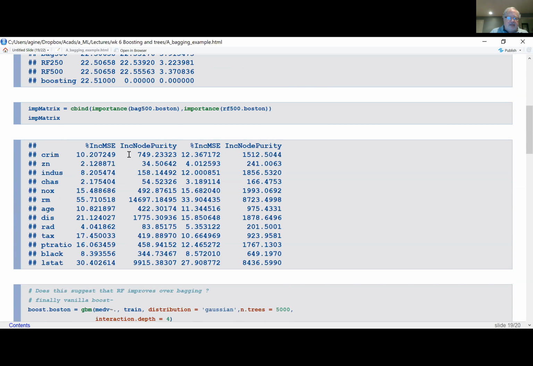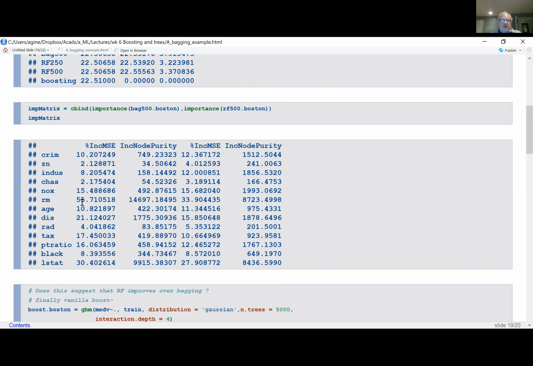Let's just look at MSE, and we see again that the number of rooms is the most important one. It's 55%. But when we go to the random forest, it's still the most important one, but it becomes less important. It goes down to 33%, which suggests that maybe the reason the model is doing better with the random forest is because it's relying less on the number of rooms and more on other factors.